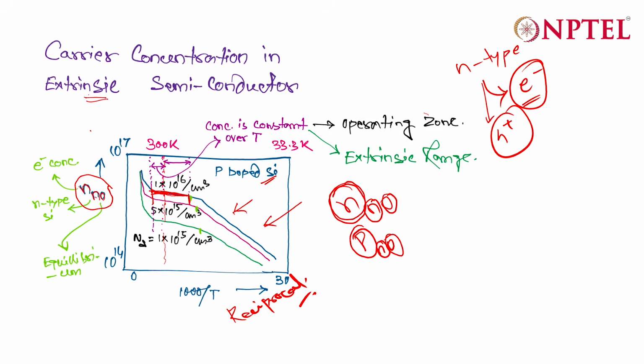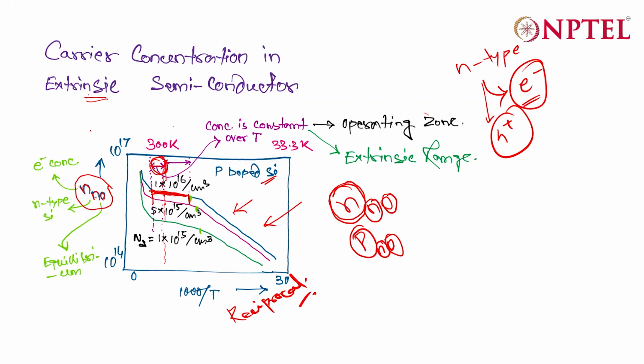And if you increase the temperature from the room temperature, the concentration remains constant for a certain area, which is nothing but a subset of the entire region. So that particular area is known as operating zone. Or you can call the entire extrinsic range as an operating zone. Why I'm saying this particular area is because in most of the cases the temperature will rise from the room temperature.